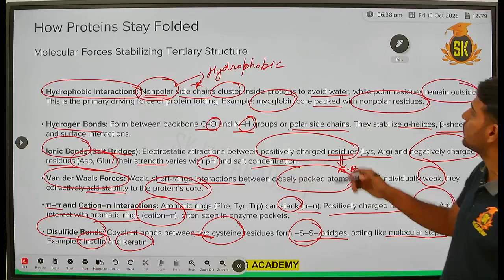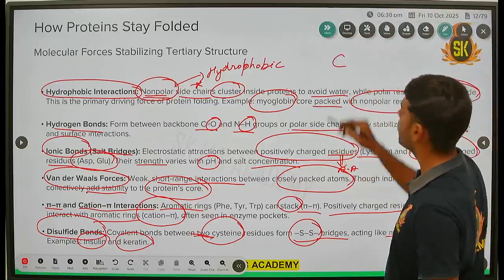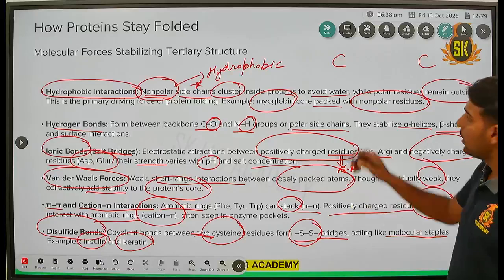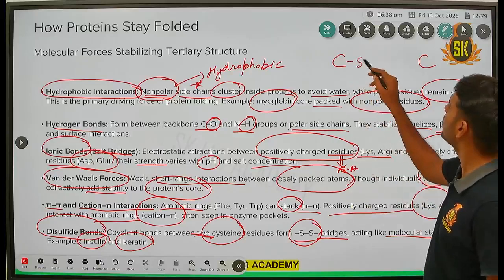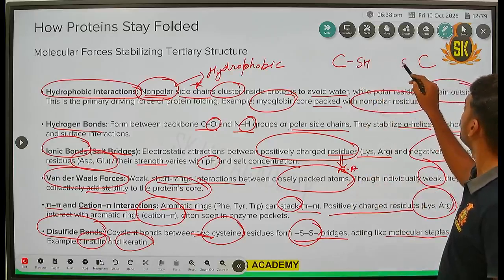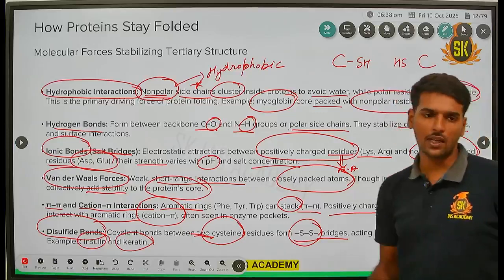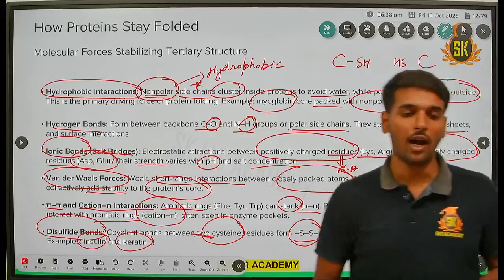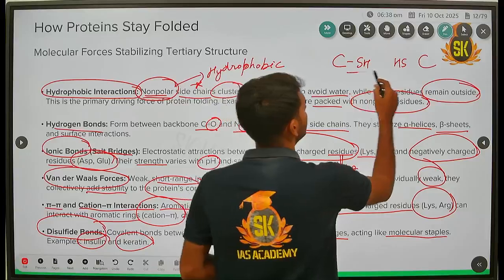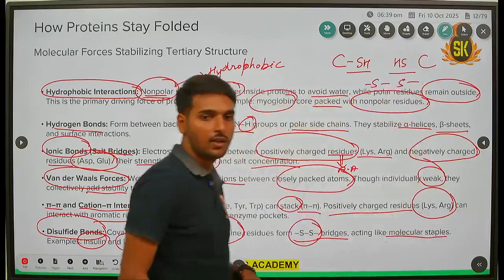Sir, how disulfide bridges is formed, sir? Suppose there are two cysteine. This is one cysteine amino acid. They have an SH group. Here also there is an SH group. What happens is the H, 2H, are removed along with water, and this becomes from SH to S-S.